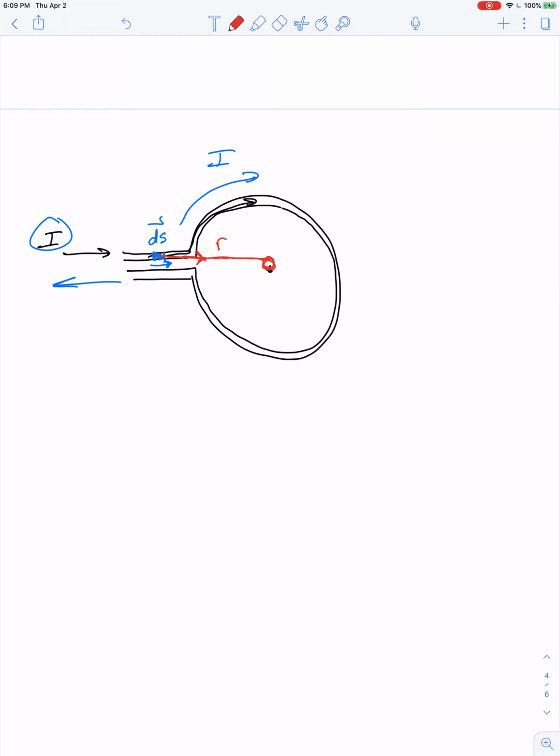There's the vector r hat, and the magnetic field at this point is equal to mu naught over 4 pi I ds over r squared cross product with r hat. Now, here's the thing. What is the cross product of ds and r hat? What's the cross product of a vector ds pointing to the right and a vector r hat also pointing to the right? Well, when two vectors are parallel to one another, their cross product is 0.